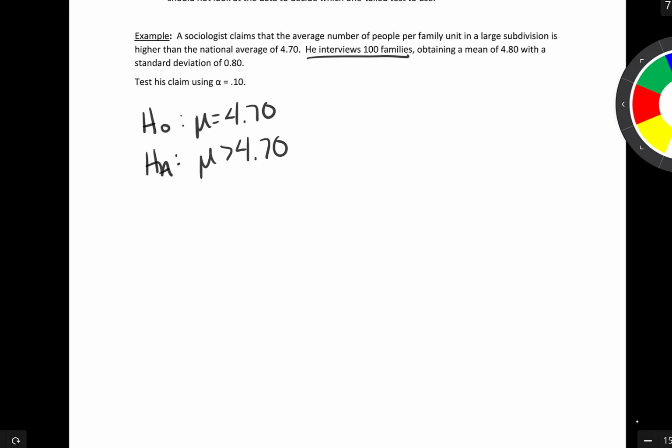The first thing I'm going to do is set up my test statistic. Here z is going to be equal to y bar minus the value of the population mean under the null hypothesis, divided by the standard deviation of the statistic. So here we've got sigma divided by the square root of n.